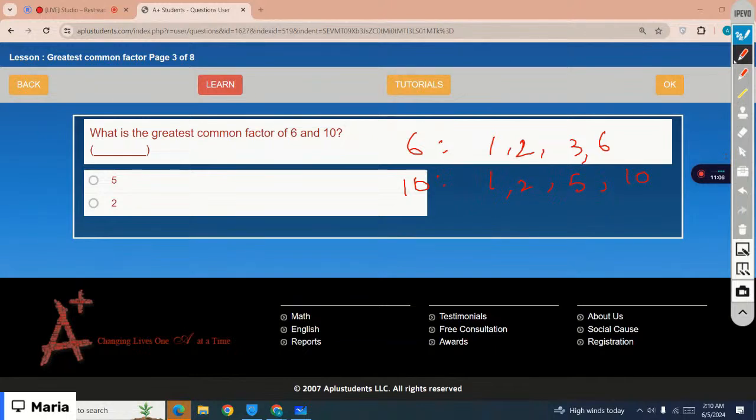So which is the common factor? The greatest common factor is 2. The correct option is 2.